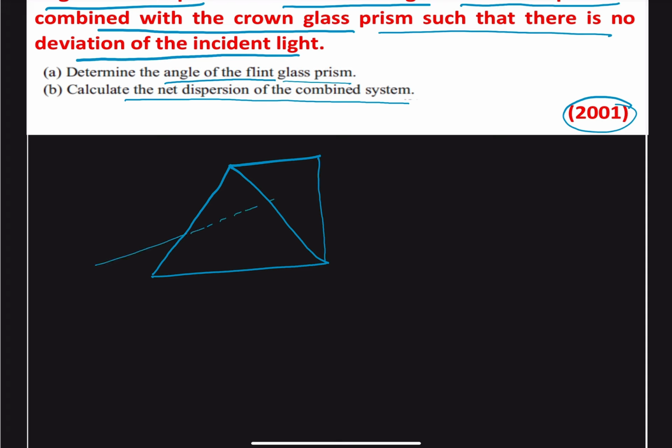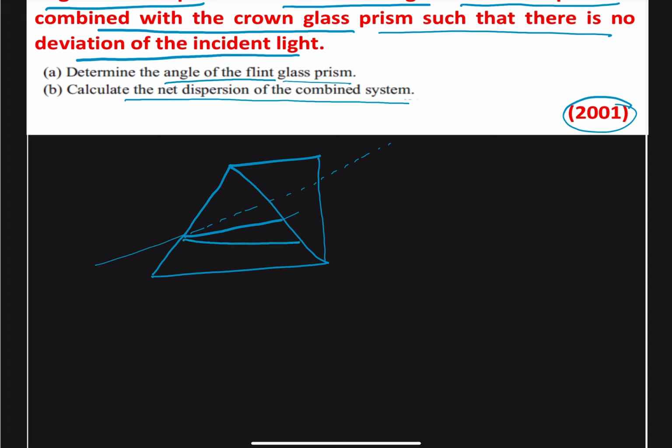Suppose this is an incident ray path, and it splits broadly into two, this is the first one and this is the second one.